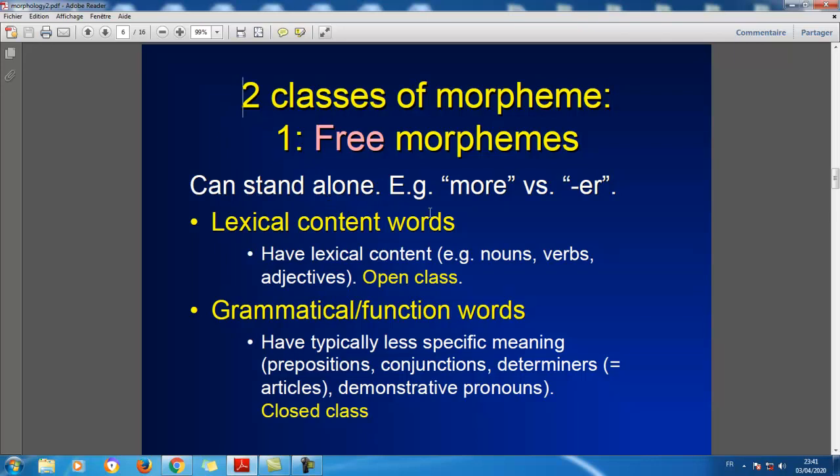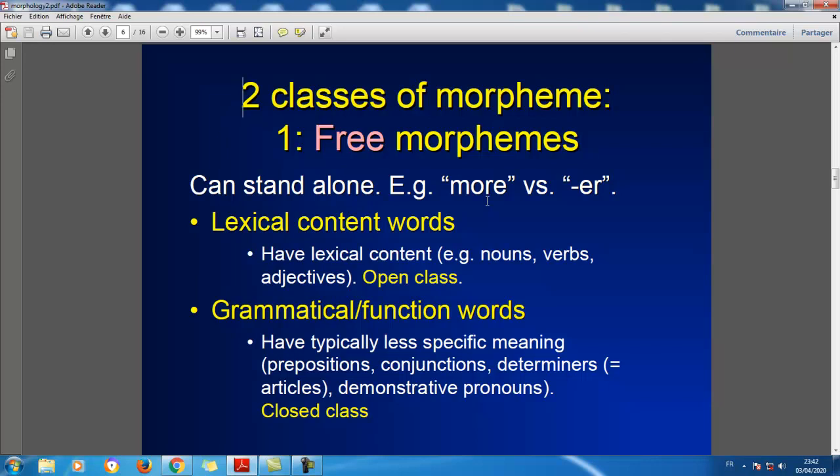Here, let's have a look at this example: more versus er. We know that the two units, the two bits, have got the same meaning. For example, when we want to make a comparison between two things, two people, two objects in general, we can make this comparison by means of more or er, depending on the adjective here.